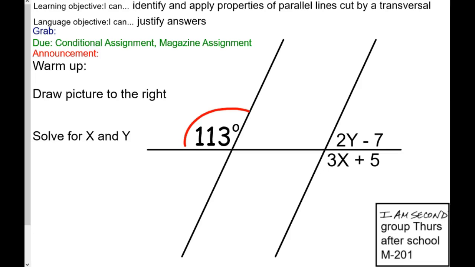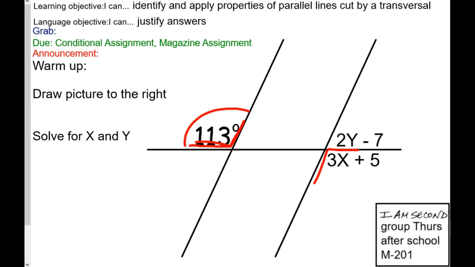Now, why do you think that? Well, okay, the number and the expressions are different, right? But is it different in its measurement? So you tell me, is this obtuse or acute? Obtuse, right? I mean, it's bigger than 90. Now, does this look obtuse or acute? Does it look bigger than 90? Yeah. So, if they're both obtuse, they're congruent in this situation.